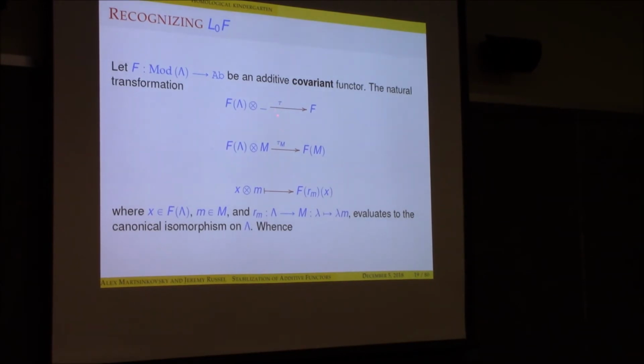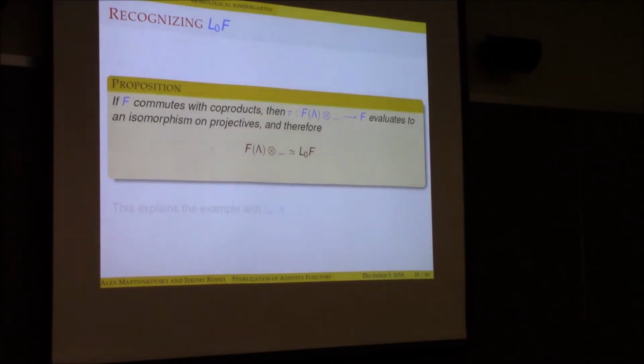Okay, so we are sort of 50% done, in the sense that we have a natural transformation from a right exact functor to F. If we knew that F commutes with coproducts, we would be done. Because that transformation evaluates to an isomorphism on lambda. It will give you the canonical isomorphism. And to go to arbitrary projectives, you need the preservation of coproducts, because an arbitrary free module is the direct sum of lambdas, and then you go to the direct sum.